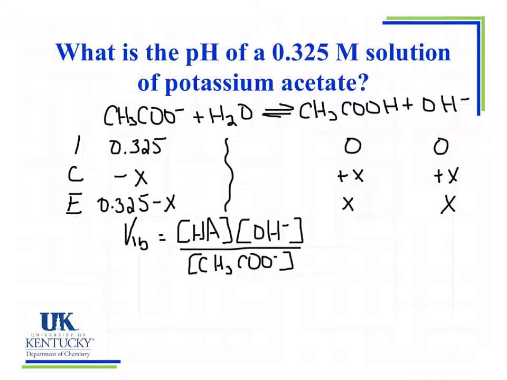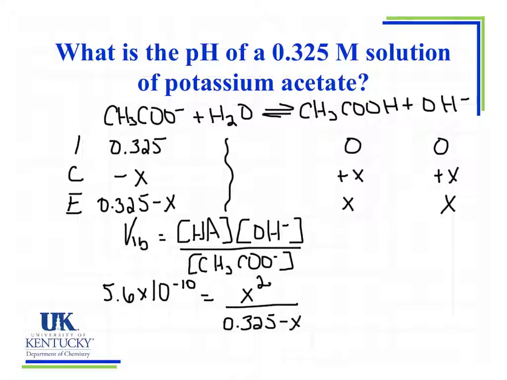I know that Kb is equal to 5.6 times 10 to the minus 10th, and that HA and OH minus are both x, so I have x squared over my acetate concentration, which is 0.325 minus x.